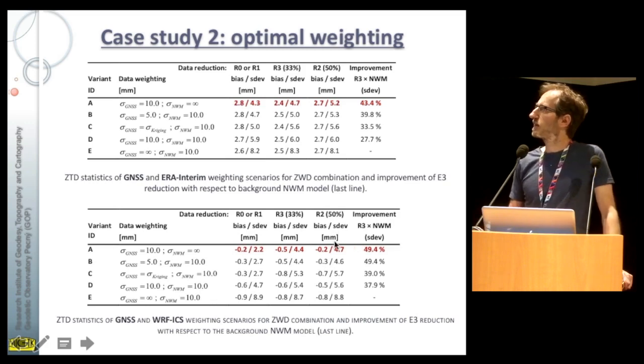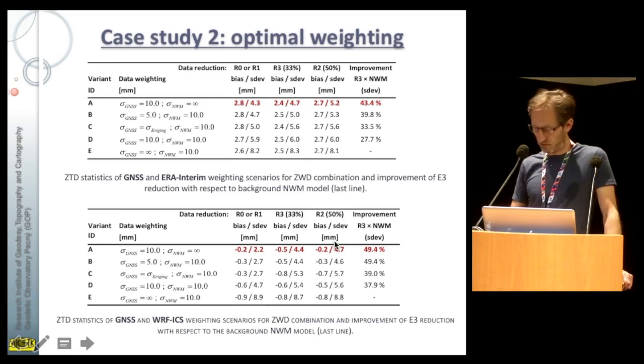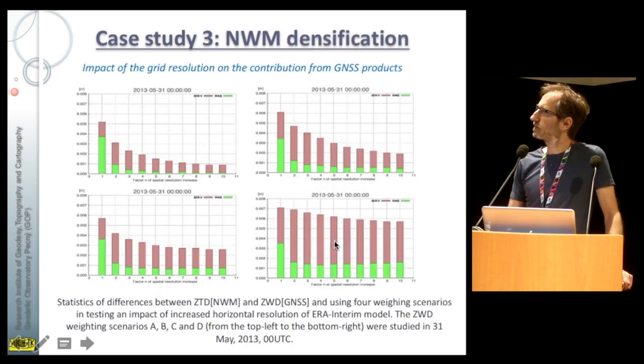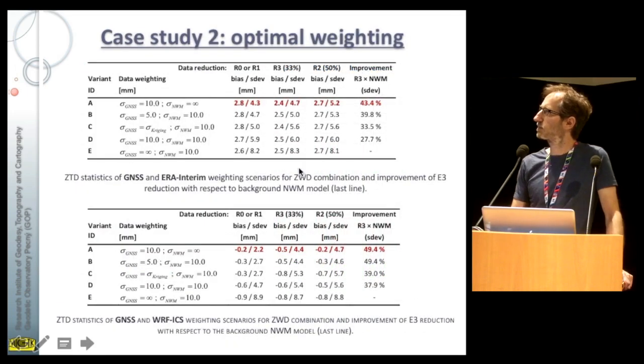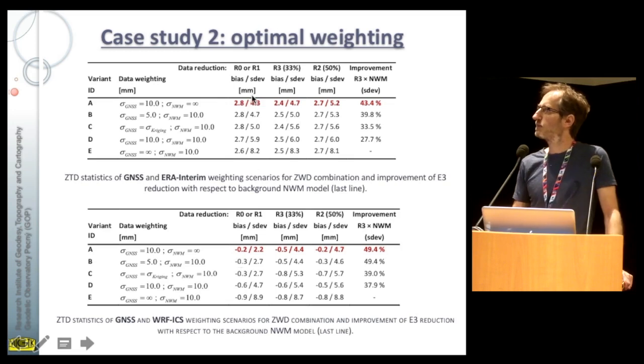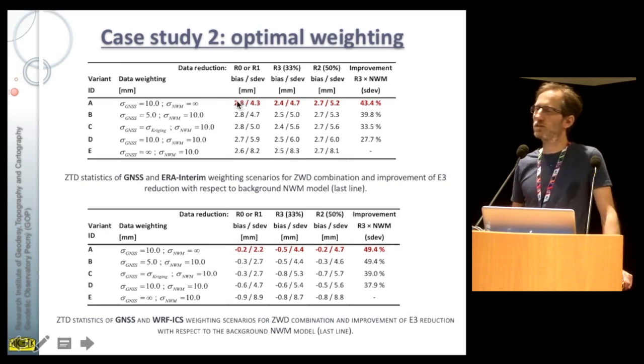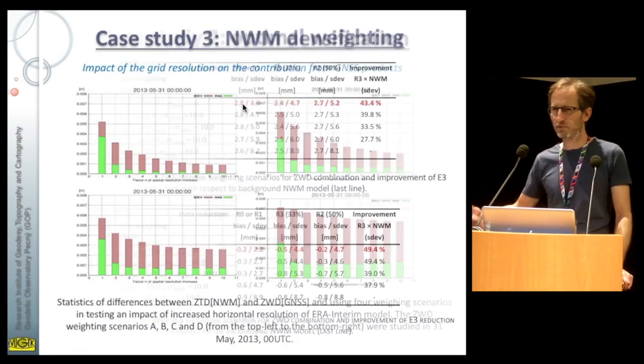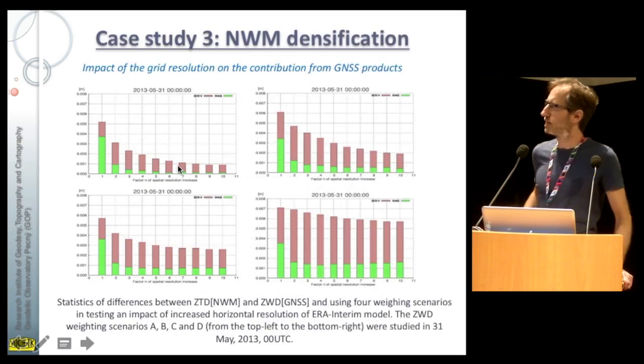And now looking into this, we could notice here that a different resolution plays really a role. So you can see in this number that the closed loop scenario works much worse in this low resolution model. So we thought, if we use an ERA-Interim low resolution model and artificially increase the resolution, then what is the impact?